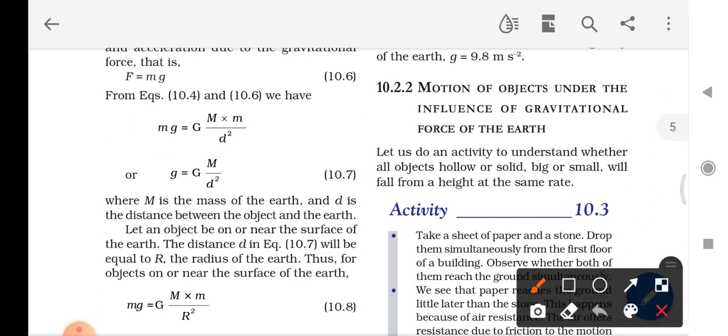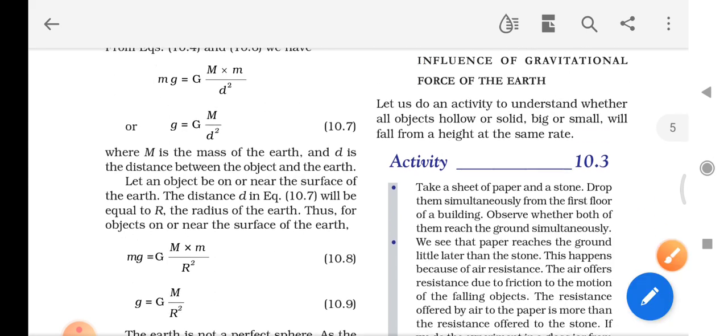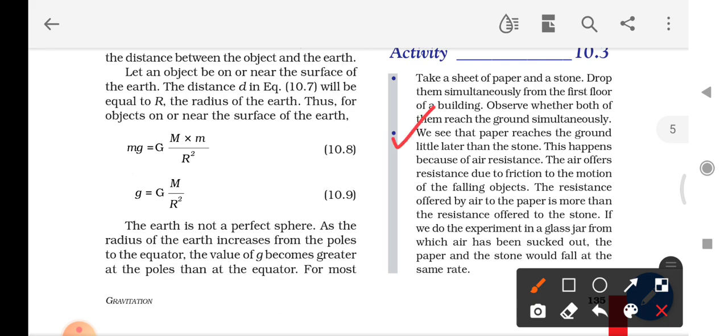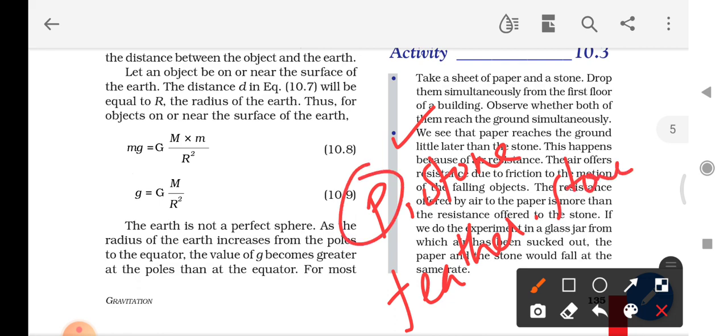The next one, the motion of an object under the influence of the gravitational force of the earth. In this activity, they took paper and stone. In a video I explained feather and stone. The paper and feather are lightweight materials. The stone is a solid material.